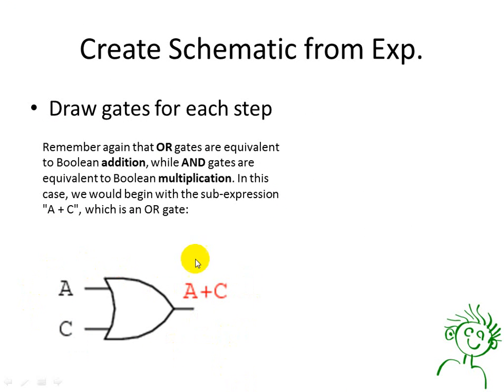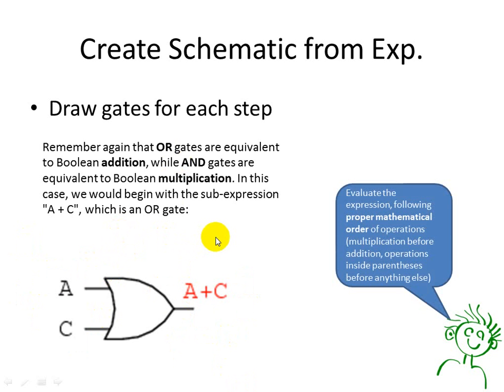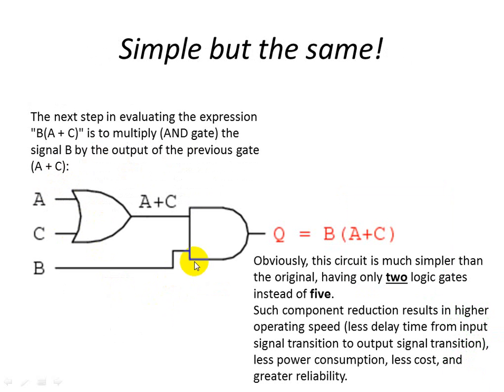This is it. Okay? So draw gates for each step. Well, this is the start of it. So this is step 1. And he says, evaluate the expression following proper mathematical order of operations, multiplication before addition, operations inside parentheses before anything else. Remember again that the OR gates are equivalent to addition and multiplication. So this is like saying A plus C. This is step 2.